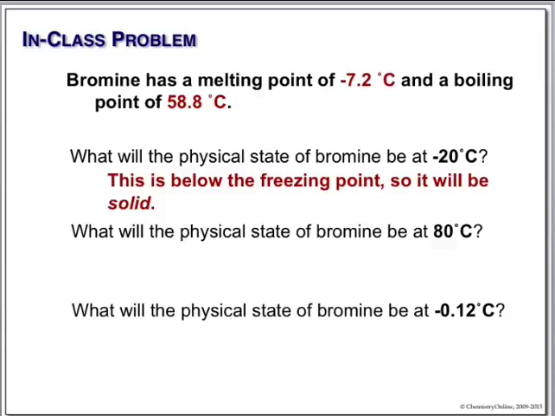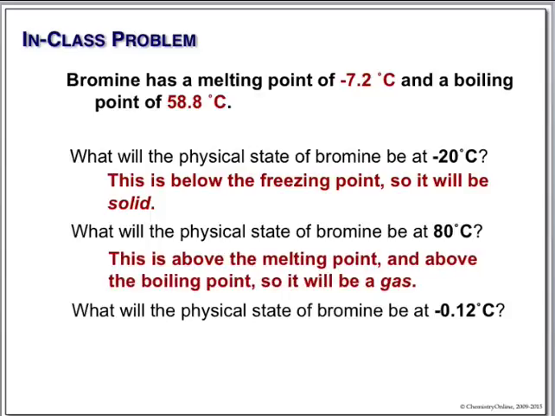If we take our little beaker of bromine up to 80 degrees, okay, bromine has a boiling point of 58. If we're at 80, we're above that, aren't we? Therefore, this is going to be in the gas phase.